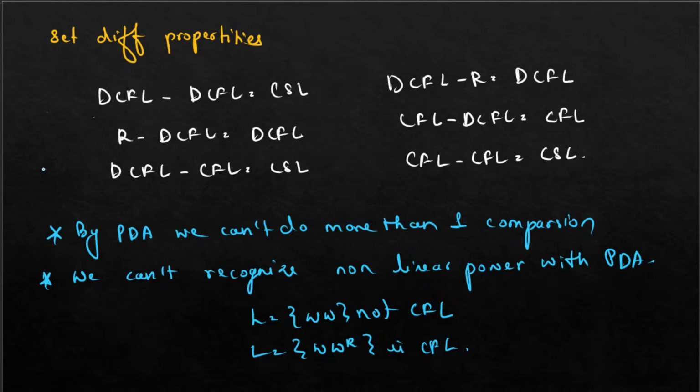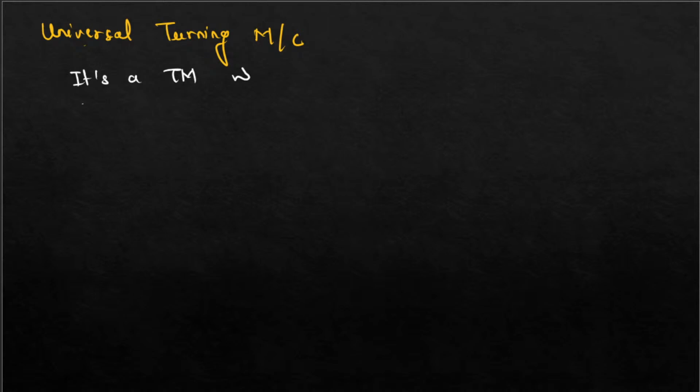Now let's talk about universal Turing machine. It's a Turing machine where the provided output itself is a Turing machine.